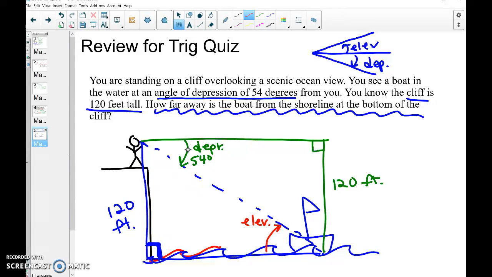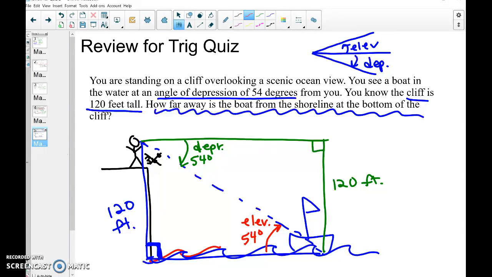So if depression is 54 degrees, angle of elevation is also 54 degrees, and you can solve from there. You can also calculate this angle. These two have to add up to 90 degrees, so this one would have to be 36 degrees, and you could solve from there. Okay, I'm not really going to focus on that one, though. So it's up to you which one you pick, as long as you use one of them.